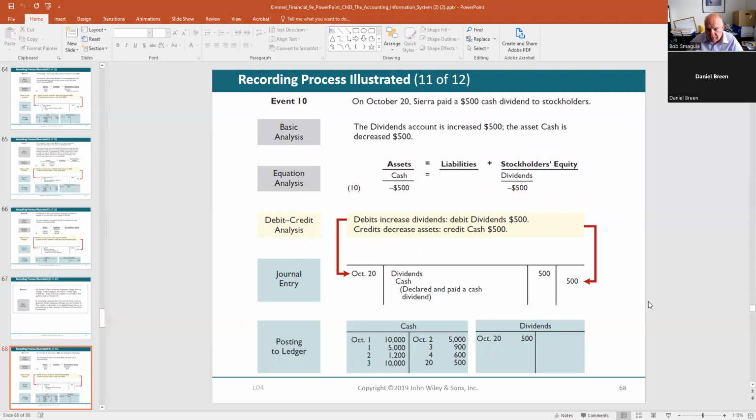Hey, they paid dividends, right? So we are going to debit dividends, and dividends are a part of stockholders' equity. So by debiting dividends, we're reducing the net worth of the company and we credit the cash.